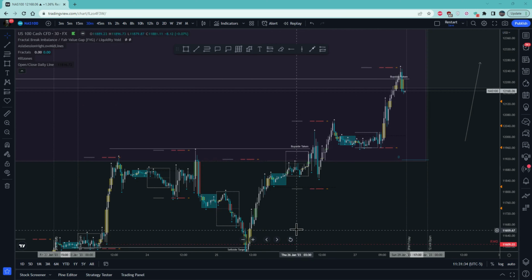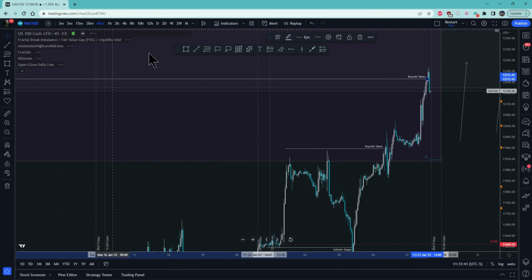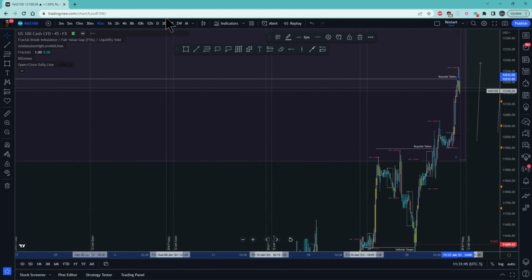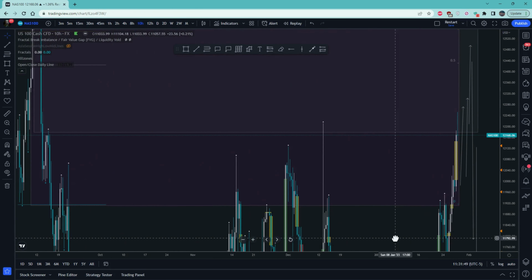If we look at where the market terminated, as you can see, I have buy side taken denoted there. That is because on a different time frame, this high represented buy side liquidity.